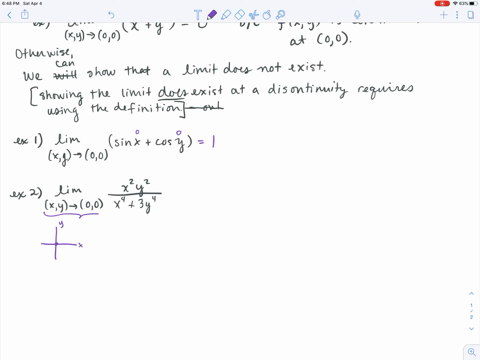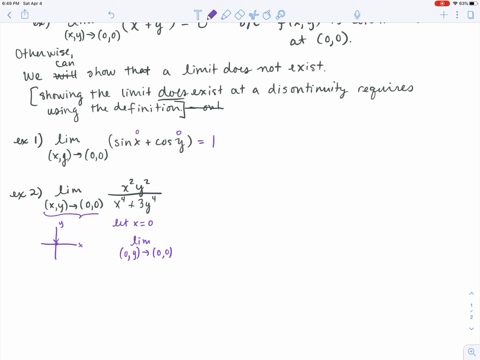And here's 0, 0. What we can do is approach it from x equals 0. So let x equal 0. That would be along the y-axis. So then the limit, we could do 0, y approaches 0, 0. Notice we're just freezing the x direction at this point and taking that out of the equation.